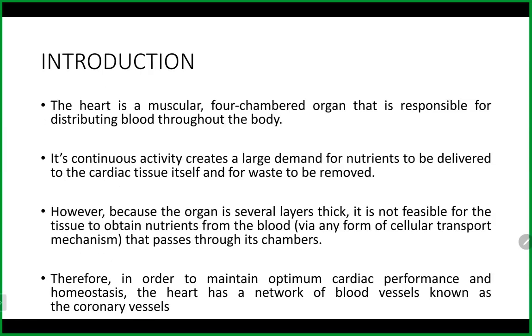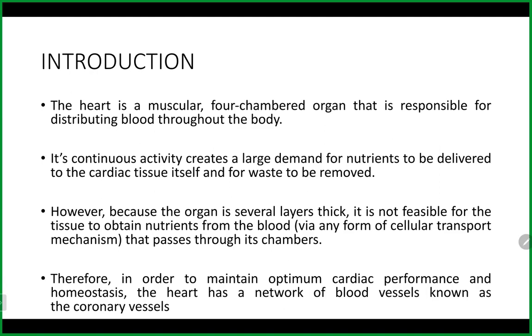By way of introduction, the heart is a muscular four-chambered organ that is responsible for distributing blood throughout the body. Its continuous activity creates a large demand for nutrients to be delivered to the cardiac tissue itself and for waste products to be removed.